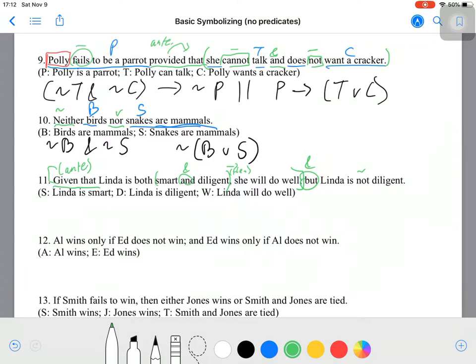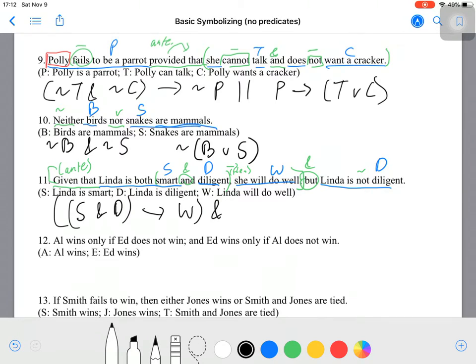Linda is not diligent. So Linda is both smart and diligent. Linda will do well. Linda is not diligent. So given that Linda is both smart and Linda is diligent, it follows that Linda will do well. And it's not the case that Linda is actually diligent.